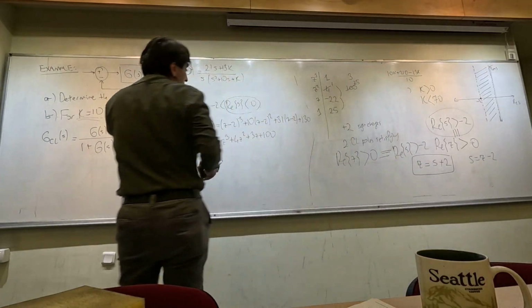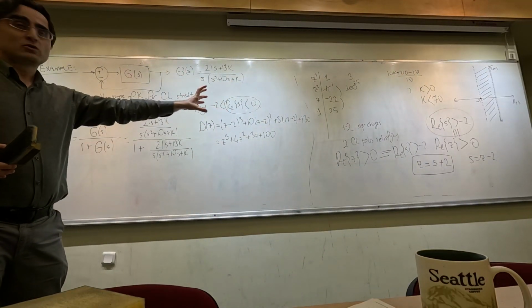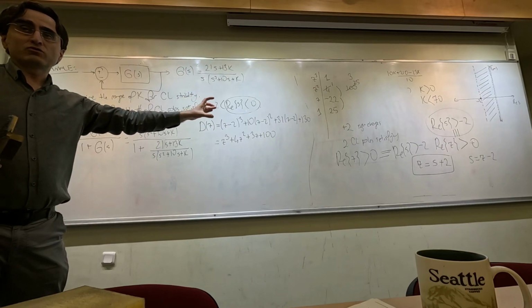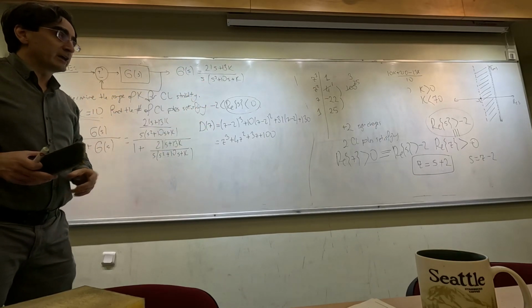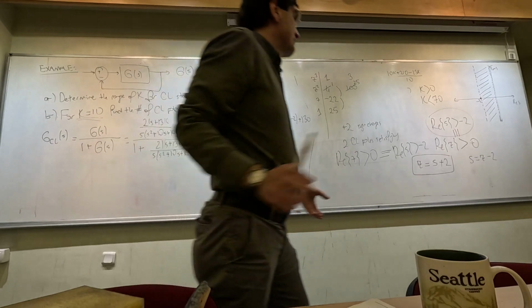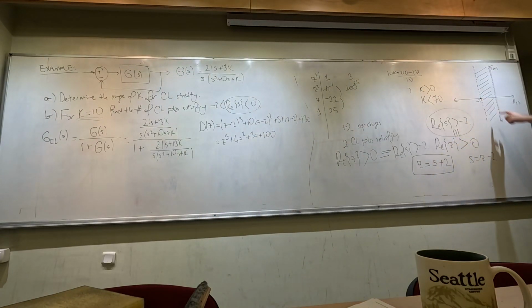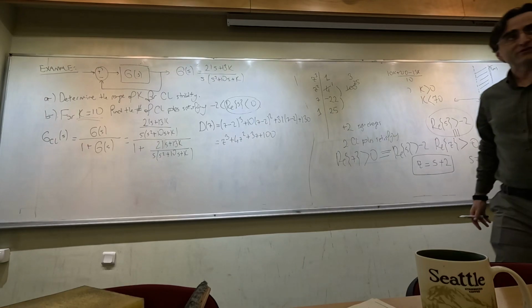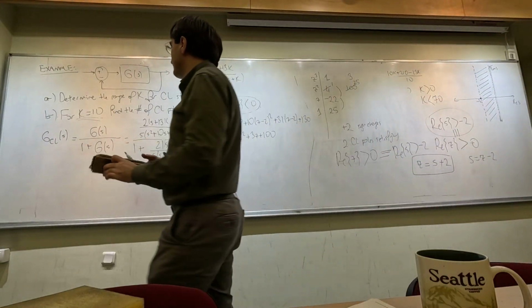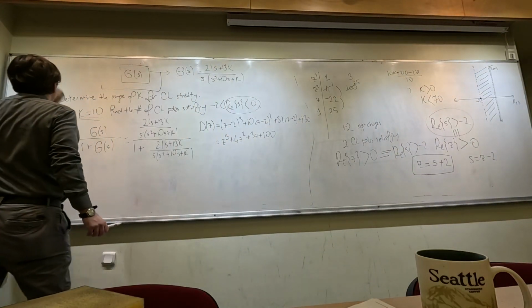So somehow by transforming the complex variable, you can actually try to use the Routh array. So in this case, we are transforming the origin of the complex plane. By transforming the origin or by transforming the complex variable of interest, then you can use the same criterion for different purposes.